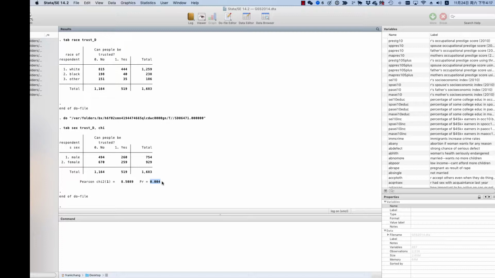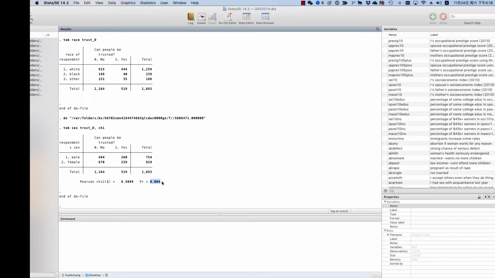If this p-value is less than 0.05, or say 5%, it's relatively safe for you to reject the null hypothesis in favor of your alternative hypothesis. For this particular case, the p-value of making a type 1 error is only 0.4%, which is way smaller than the 5% threshold. So we can go ahead and reject our null hypothesis.